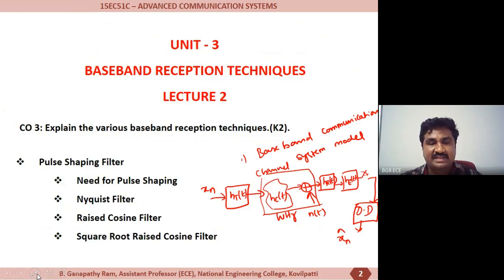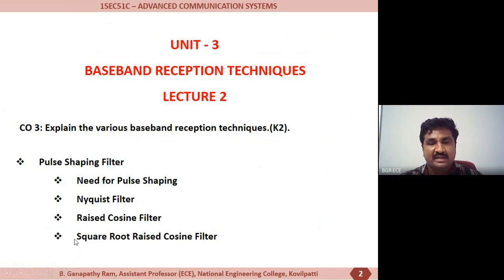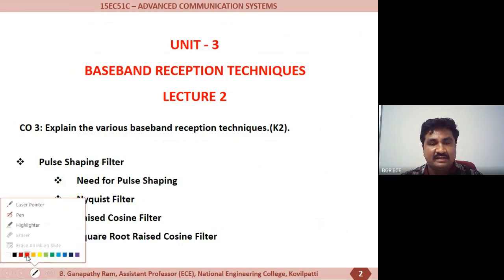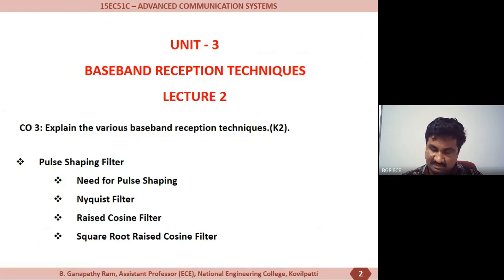Due to the transmission of the symbol in a band limited channel, it is getting dispersed in time, which causes intersymbol interference. And we have discussed the condition for ISI free channel.